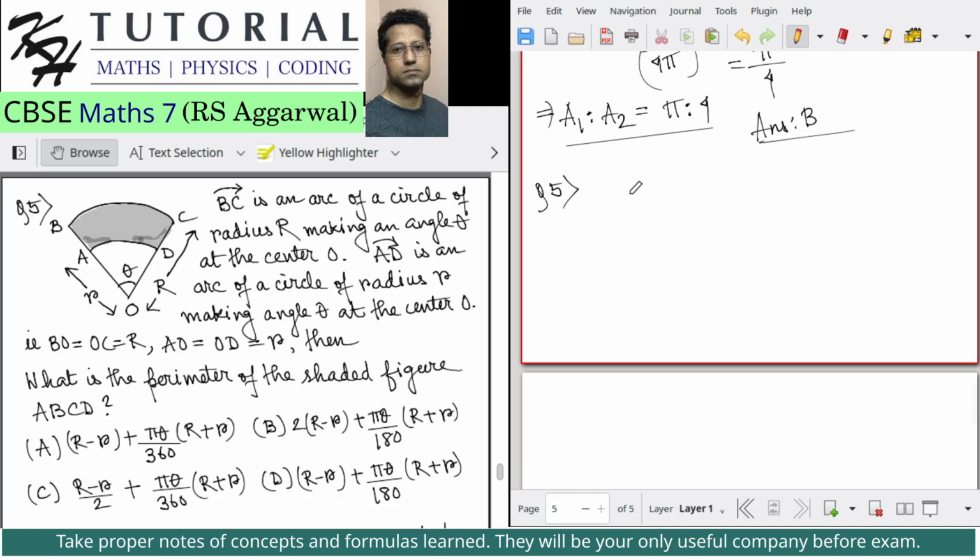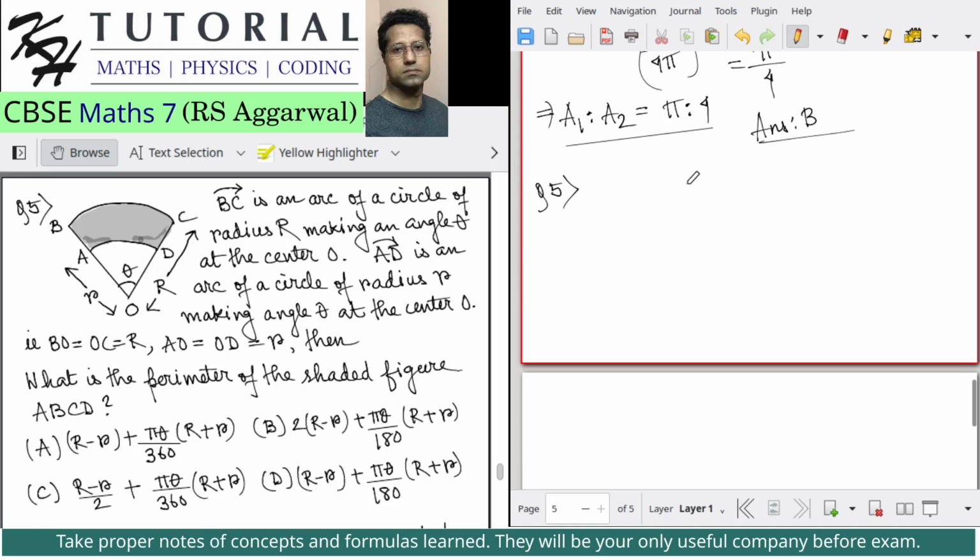Okay, so what is happening? We have a bigger arc BC, which makes an angle theta at the center of a circle with radius capital R. Let's try to visualize this figure with a circle.